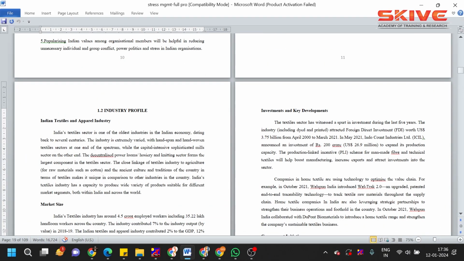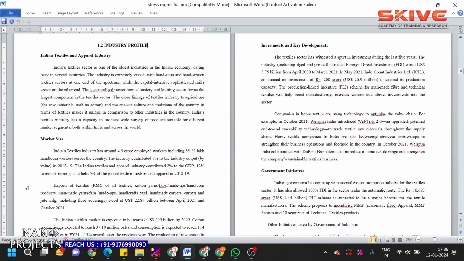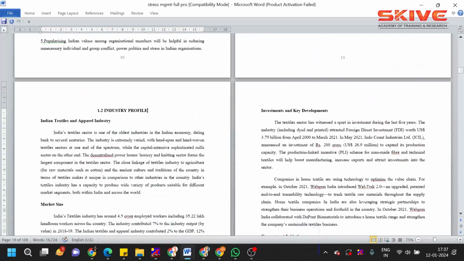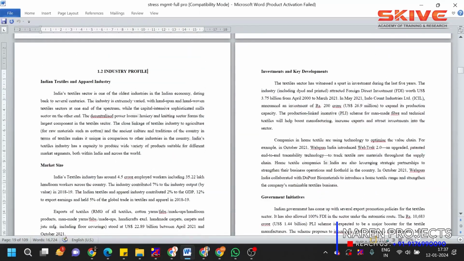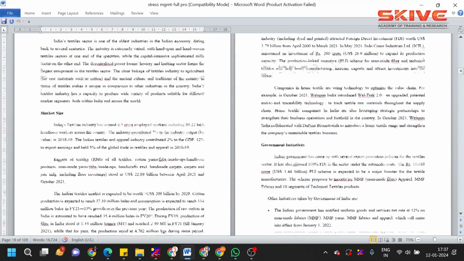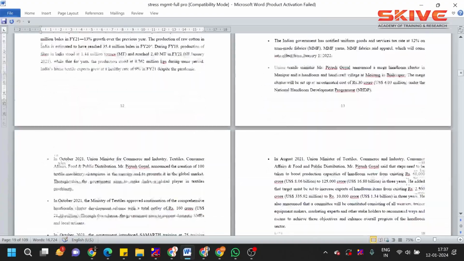The second part is the industry profile. This company is basically in the textile industry, so the general category and structure of the textile industry are discussed here: the Indian textile and apparel industry, market size, investments and key developments, government initiatives.